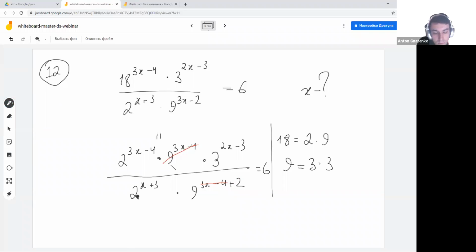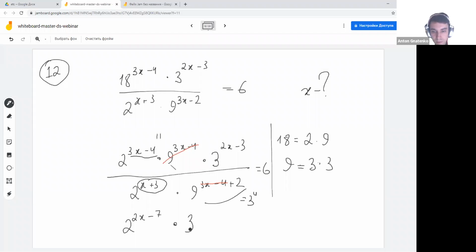But I'll also cancel this 2. So we had 3x minus 4 here and x plus 3 in the denominator, so we obtain just 2 to the power 2x minus 7, when we subtract this power from this power. Basic arithmetic. And here we had 9 squared, and 9 squared was just 3 to the power of 4.